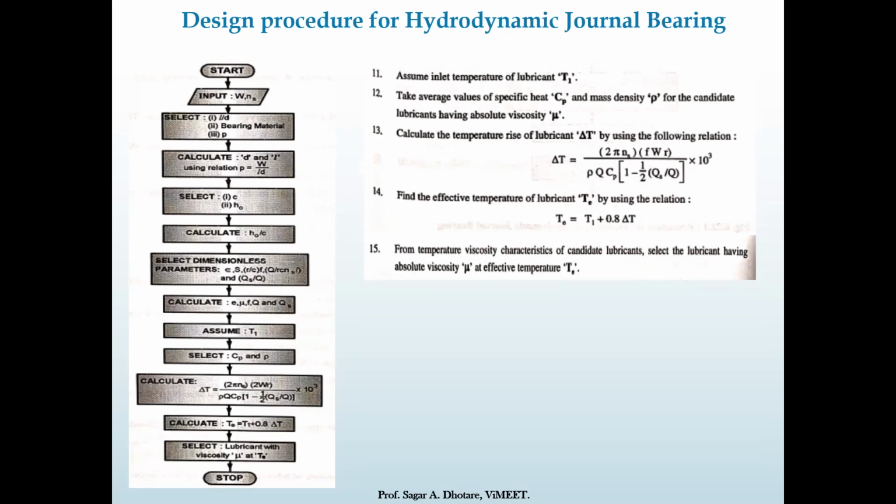Finally, we calculate the total temperature rise from the initial and final temperatures. If the temperature rise is within the proper limit, only then can we accept the design. Otherwise, we need to redesign, changing our design variables so that the performance variables stay within the limit. So this is the design procedure.